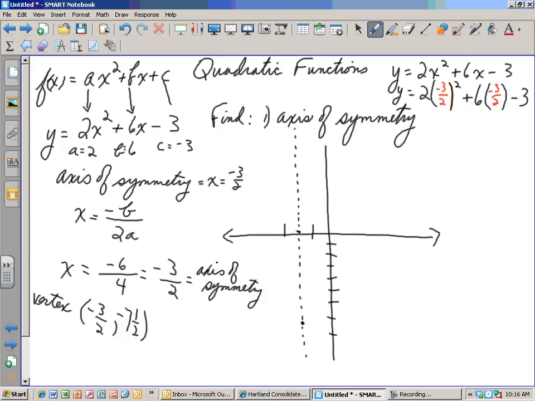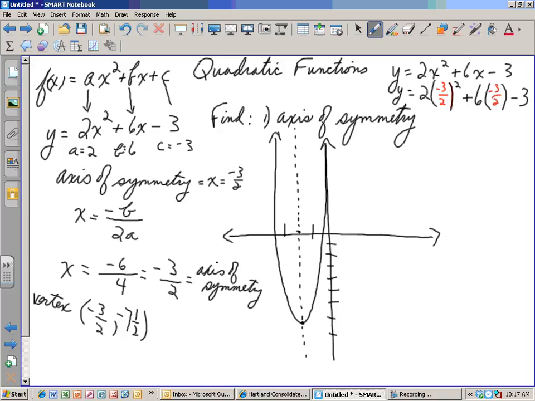That's the vertex. Can you tell me if this parabola opens up or down? It opens up, and we know it's a little bit narrower. And we can sketch the graph. That's what that graph is going to look like, and you can put it in your calculator to see.